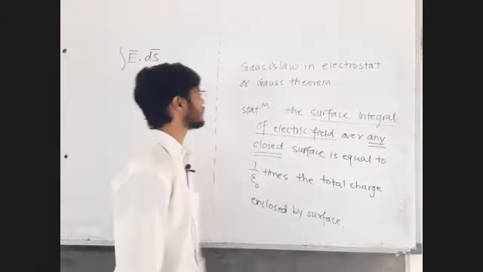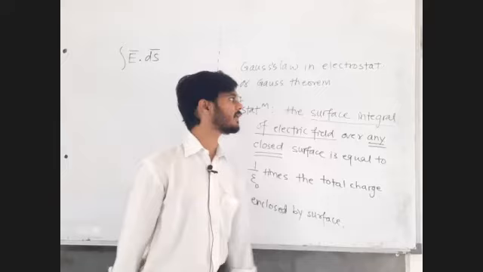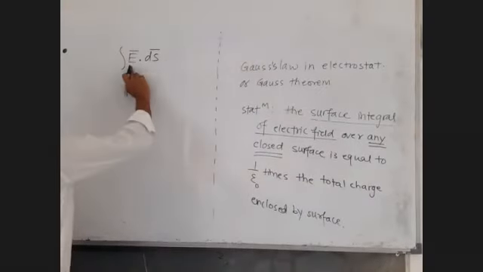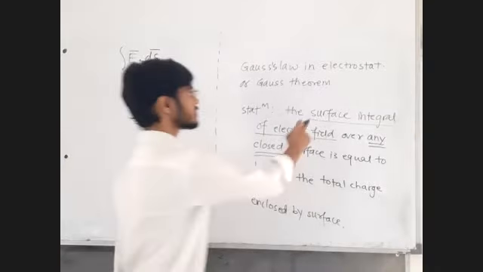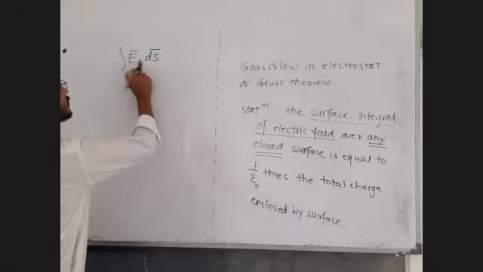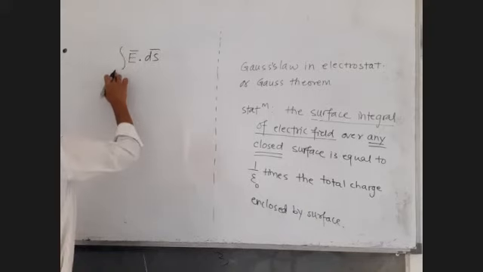Line integral, a small length dl is to be considered. Volume integral, a small volume dv is to be considered, and dot product is to be taken. Surface integral of electric field means dot product of electric field and the small surface, and then its integration.